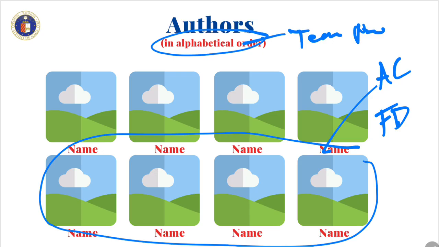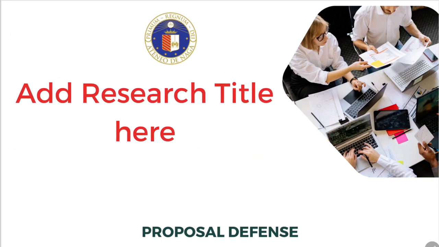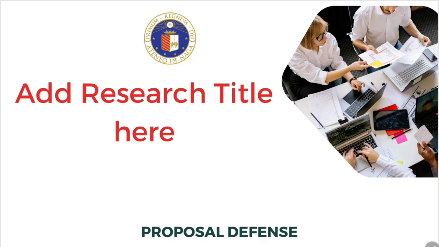For now, alphabetical order may be okay. And then your research title will be presented here. That will be signaling that you have ended your proposal defense. And that's it for the walkthrough for this proposal defense slides template. All the best in your proposal defense.